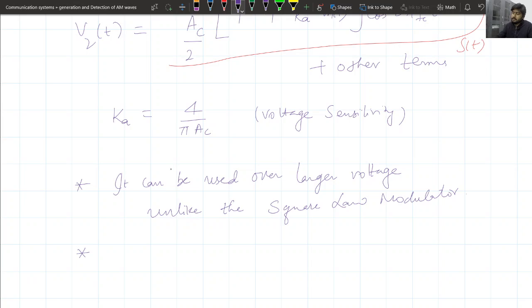Second, the band pass filter requirement is not as stringent as in the case of the square law modulator.